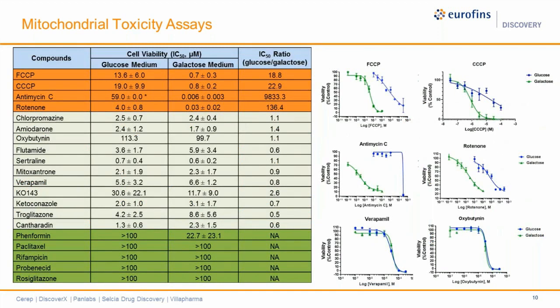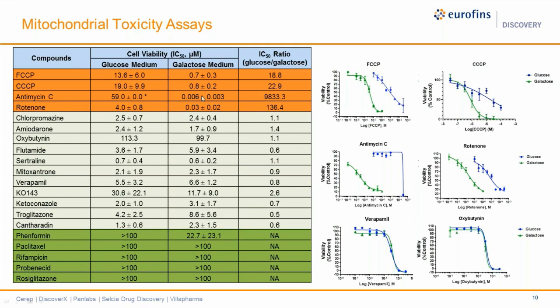We have validated a high-throughput screening assay by using HepG2 cells cultured in glucose versus galactose medium. In the validation study, we tested 20 reference compounds, with 4 compounds that are non-mitochondrial toxins, highlighted in orange in the table here.